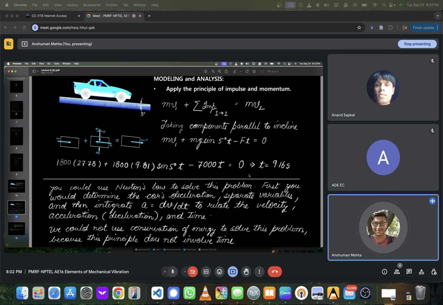So it can relate the velocity, acceleration, in this case deceleration, and time.